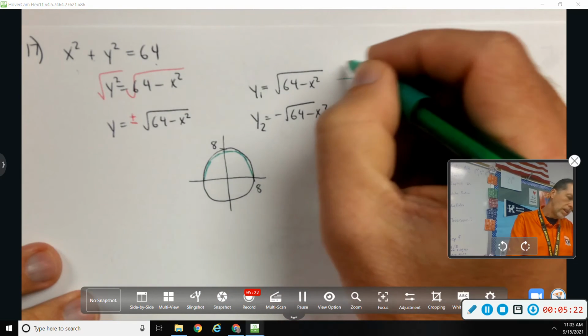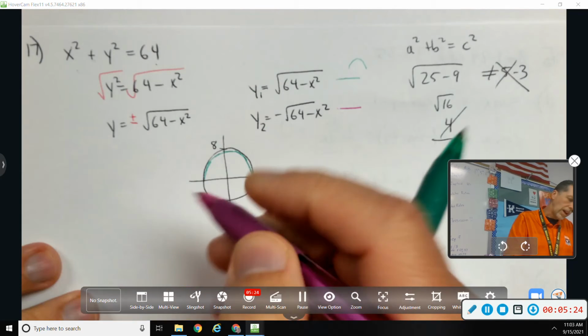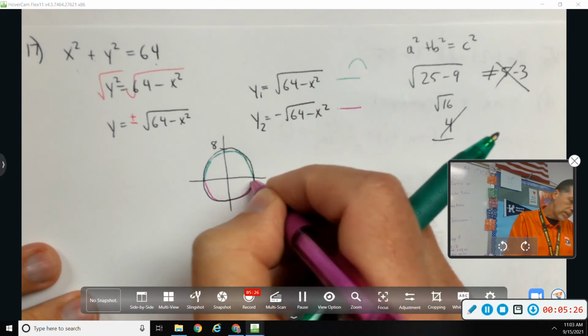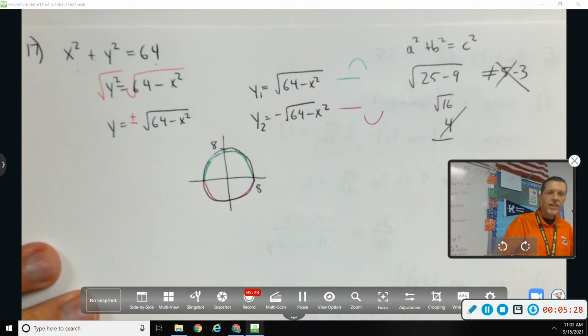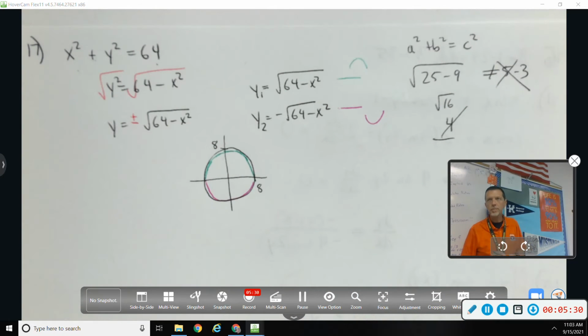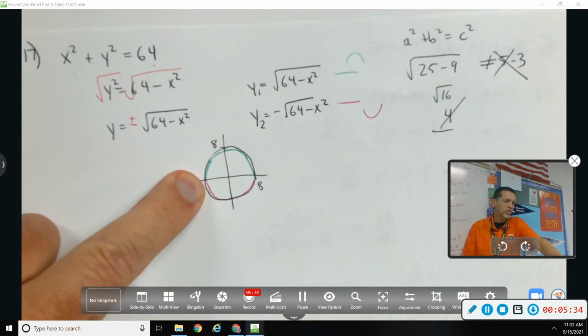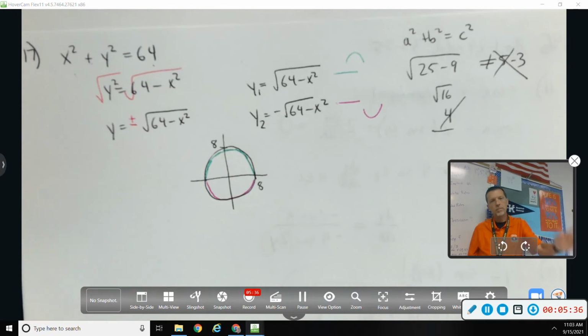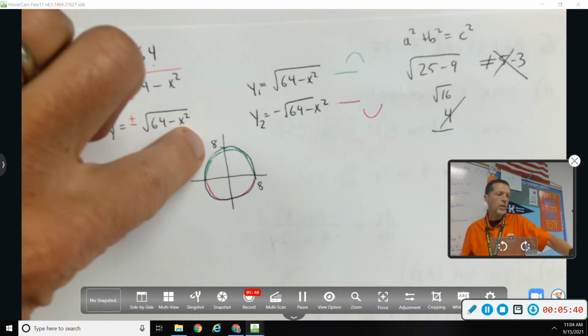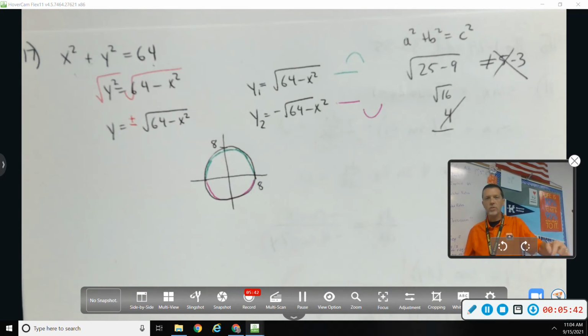The negative one would be the bottom part. So together, they make the circle. And that's why the circle by itself is not a function because of the vertical line test. But we split it up, and the top one's a function, the bottom one's a function. But together, they wouldn't be a function.